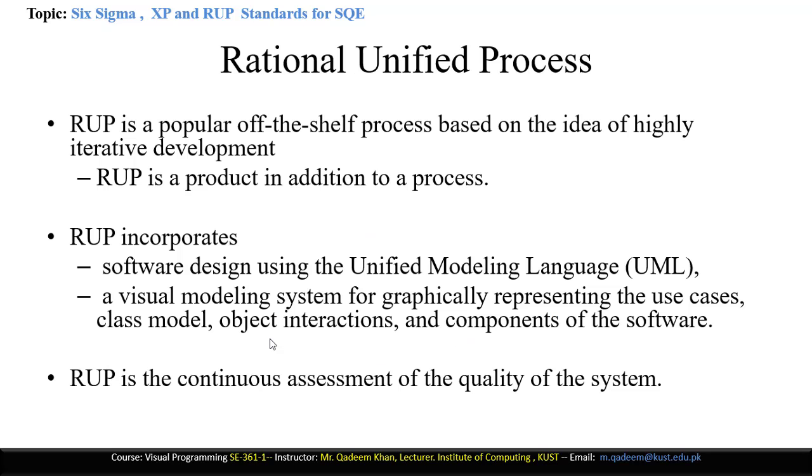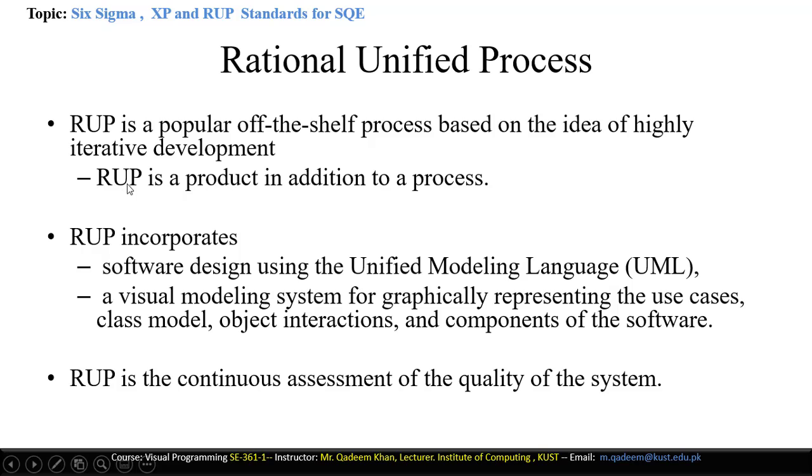The next model used for software quality is the rational unified process model. The rational unified process model is a very popular software development process model, and it is based on the idea of highly iterative development. RUP, that is the rational unified process model, is a product in addition to the product's process.